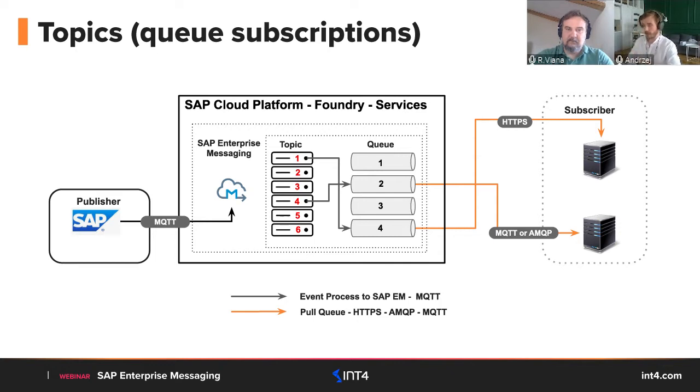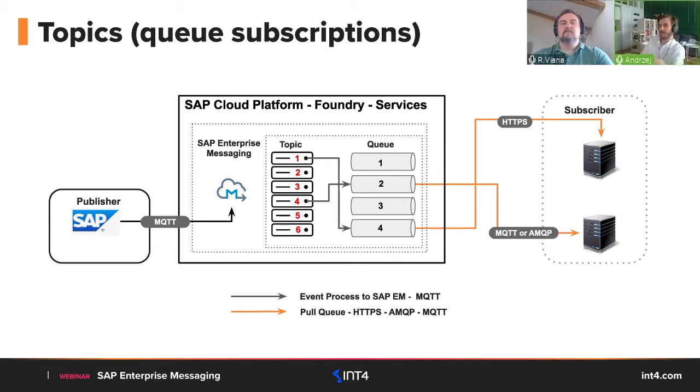And where does the topic fit in this picture? Well, a topic represents a business event on our publisher system. It's a change of state of an object, represented by a topic. And what's very important, topics are just pipes or a logical category.